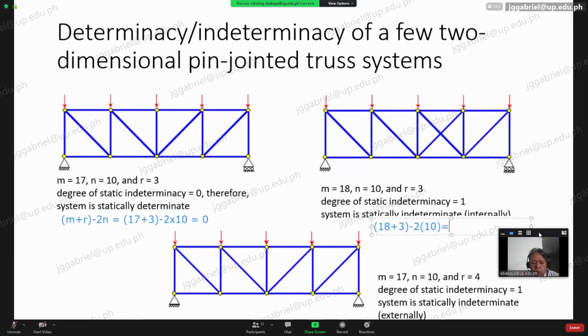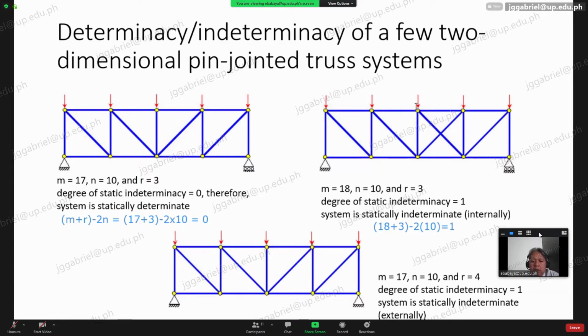So that's equal to 1. Okay? Now, you see here, we have the answer to be 1, we say that's internal static indeterminacy because the redundant member is within the structure itself. In this case, the truss.